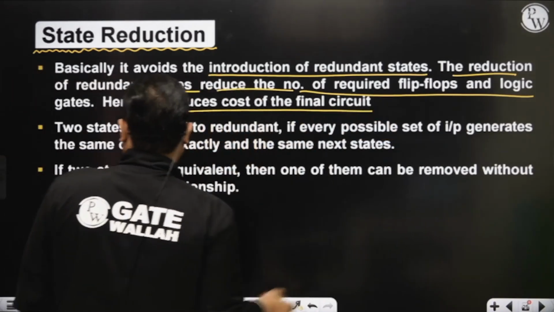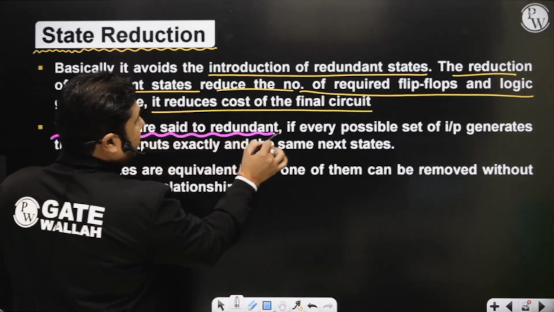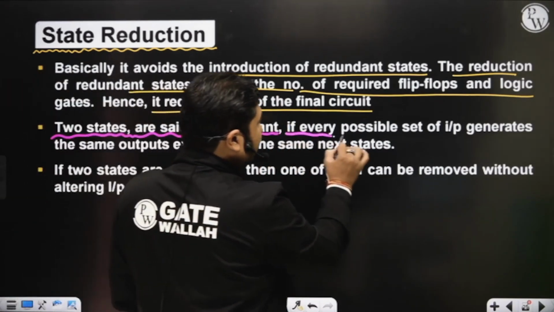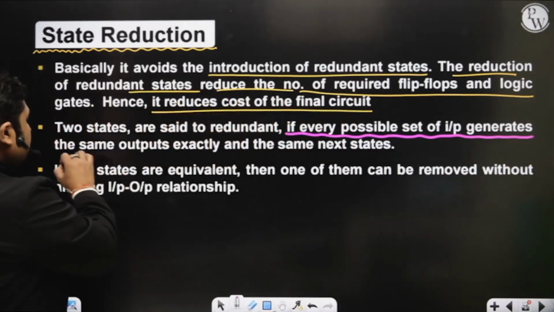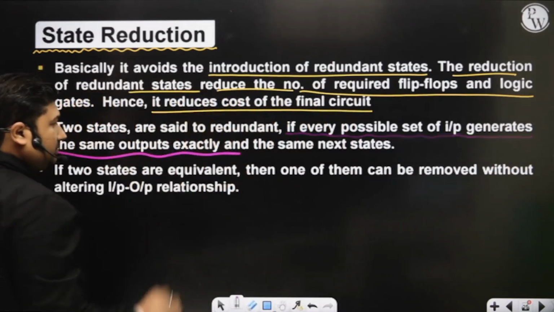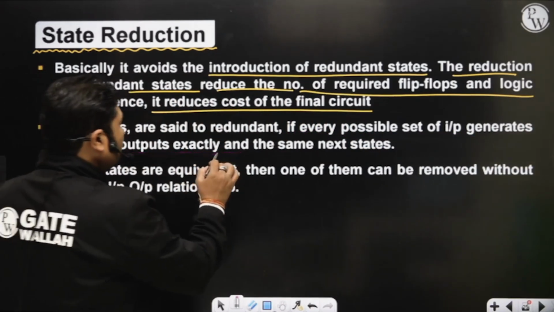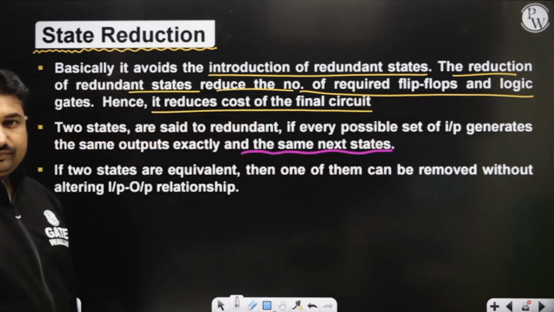Further, observe that two states are said to be redundant if every possible set of inputs generates exactly the same output and the same next state.